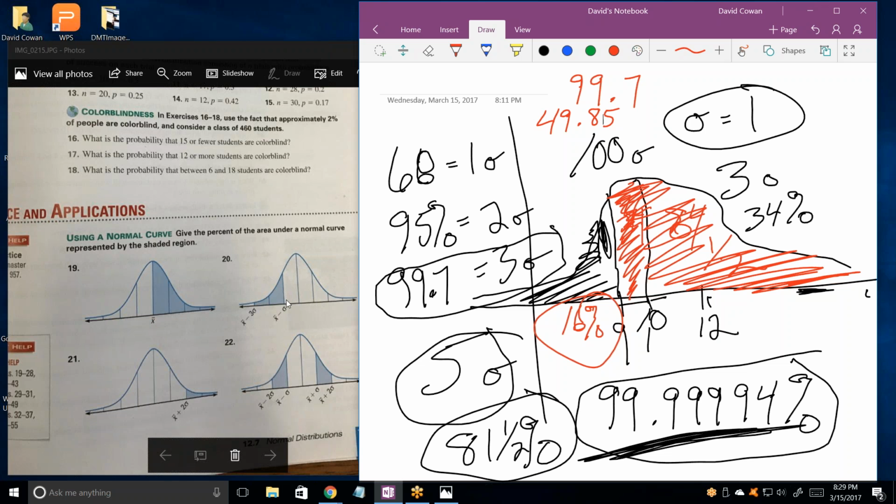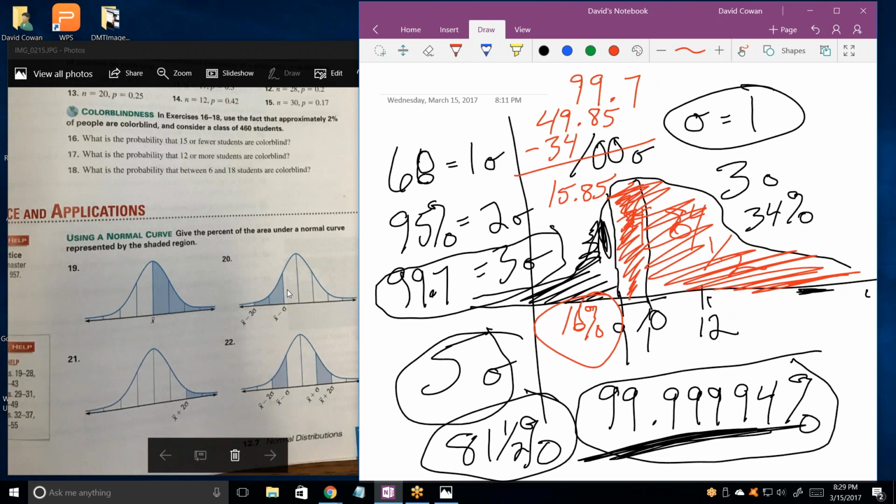But we already figured out that was half of 68, 34. So I've got to subtract 34. What's left over is my area of the shaded region. Number 20, those 2 bars, is 15.85% of the area totally under the curve.